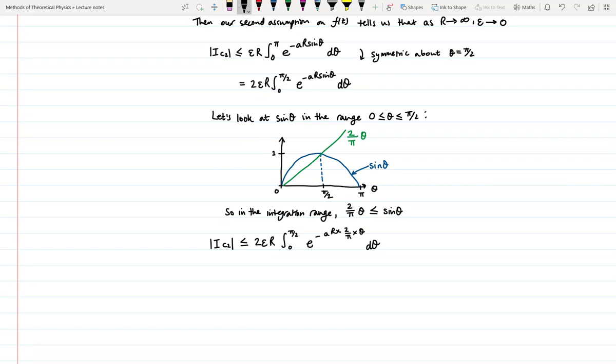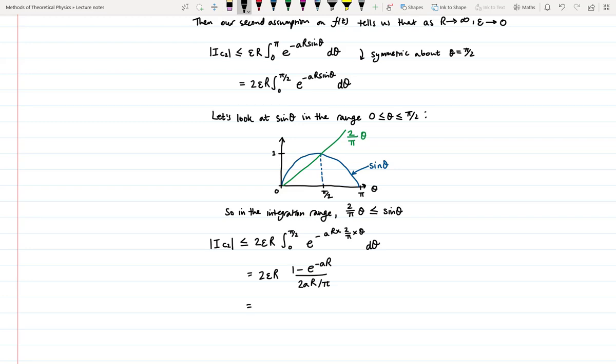You can perform this integral explicitly, and you'll find that this gives 2 epsilon r and then 1 minus e to the minus a r over 2 a r over pi.